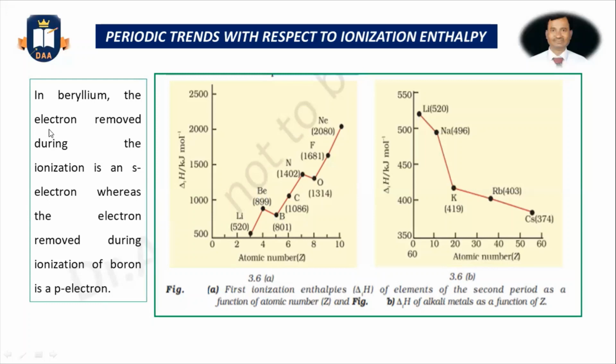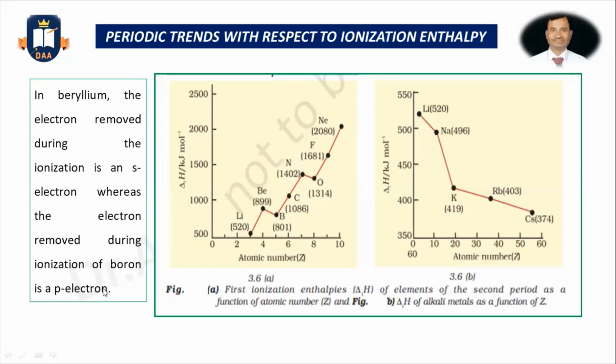So in beryllium, the electron removed during the ionization is an s electron, whereas the electron removed during ionization of boron is the p electron.